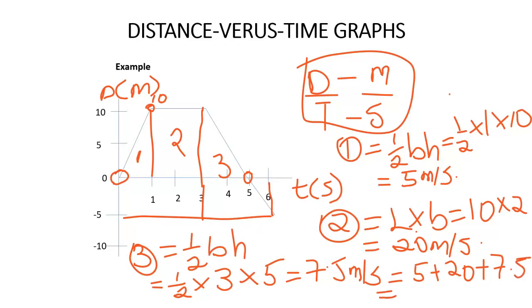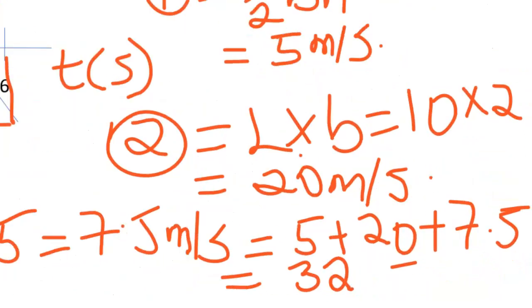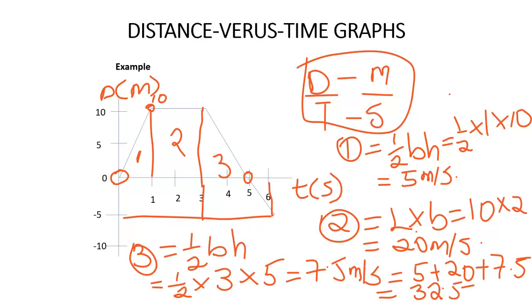And that would give us 32.5 meters per second. That will be the answer for this distance versus time graph.